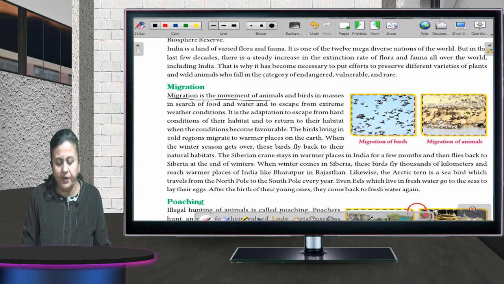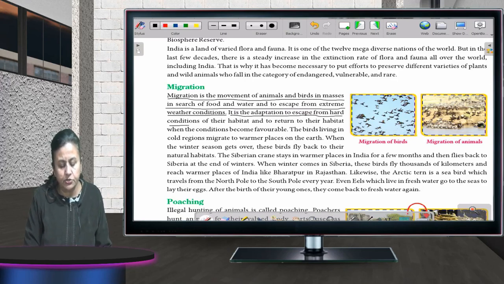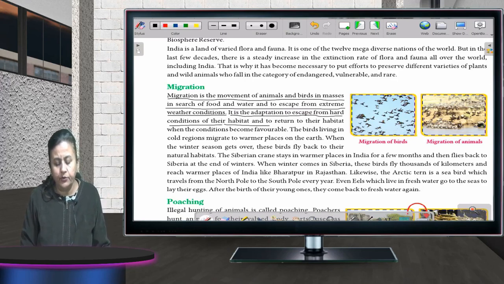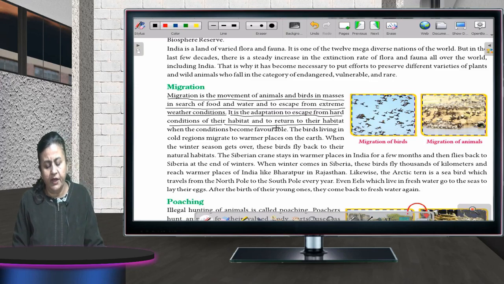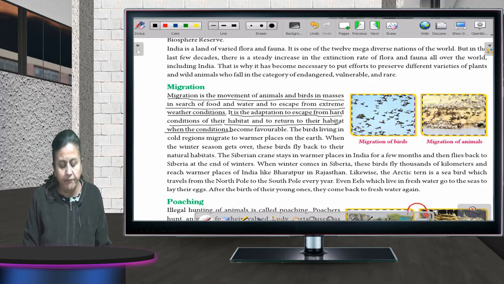Migration is the movement of animals and birds in masses in search of food and water to escape from extreme weather conditions. It is the adaptation to escape from hard conditions in their habitat and to return to their habitat when the conditions become favorable.